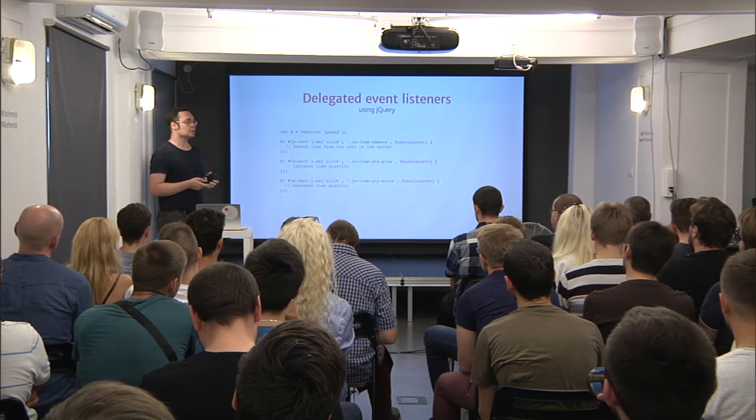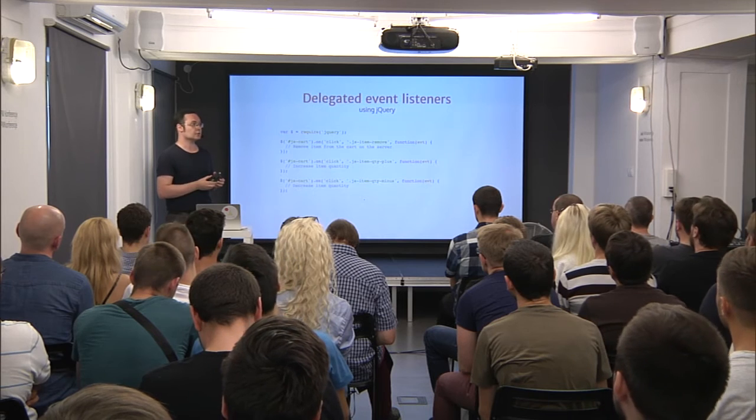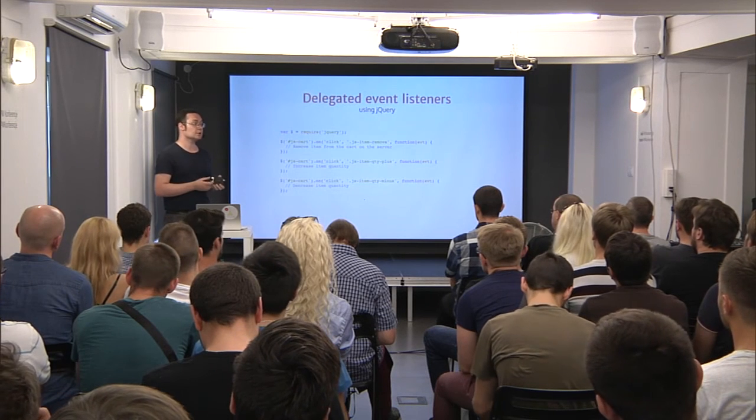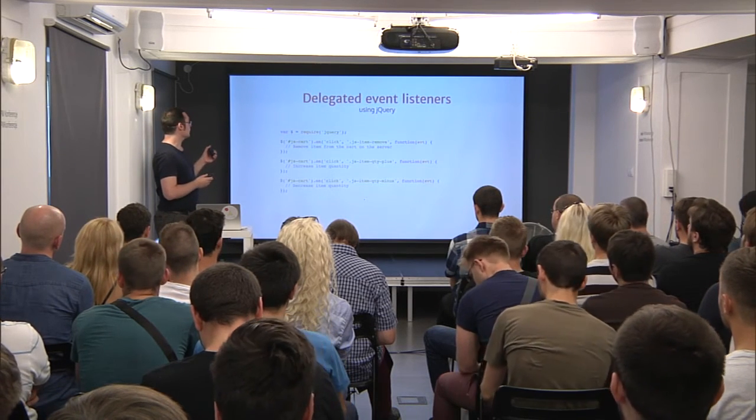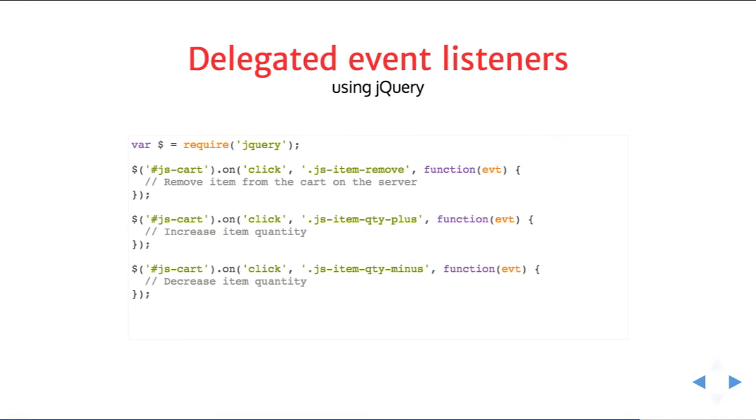Since the first time the cart widget is rendered, it's empty, we can create a delegated event listener, and it will attach automatically later. Well, to be precise, it attaches only once. And this is actually a more efficient way to deal with multiple events.